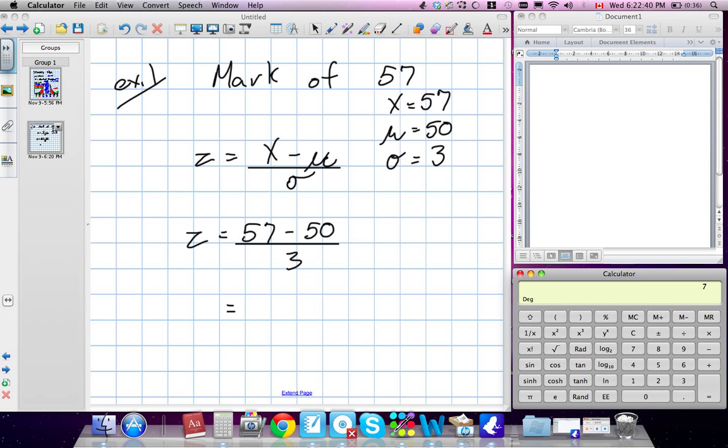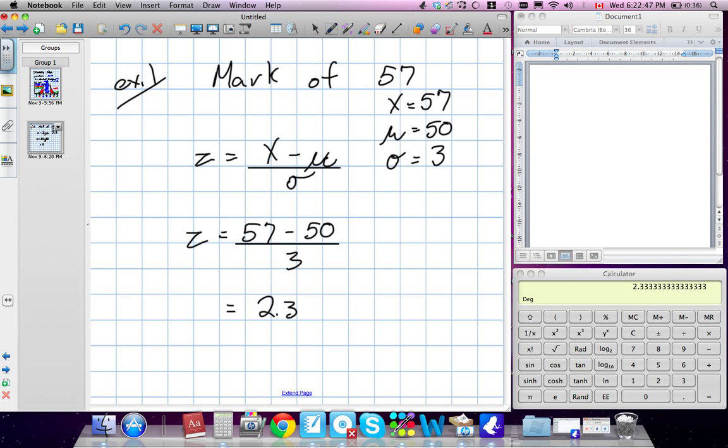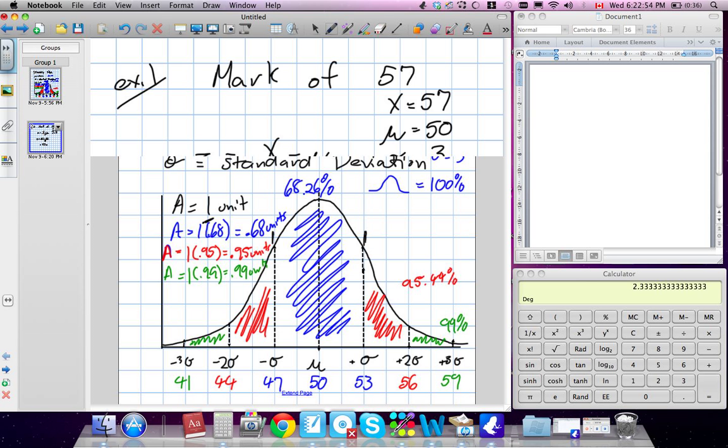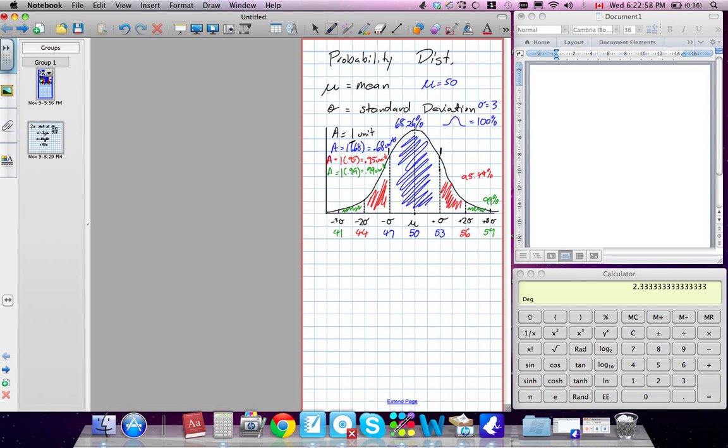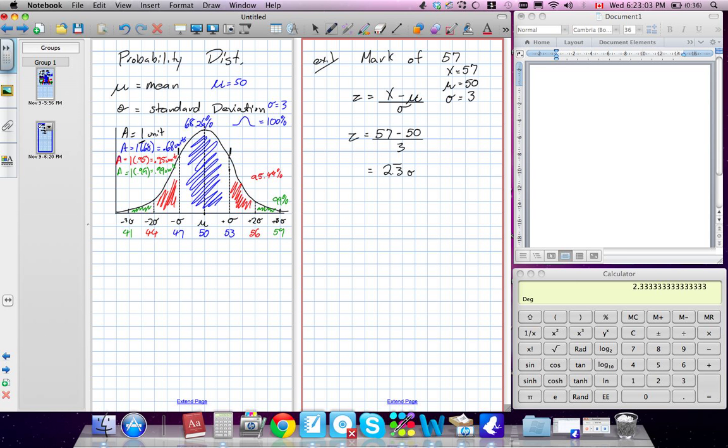We're looking for our z-score, so how far away it is. We take our number, which is our x value, and we subtract the mean value, divided by, is it the standard deviation? Yeah, it's the standard deviation.